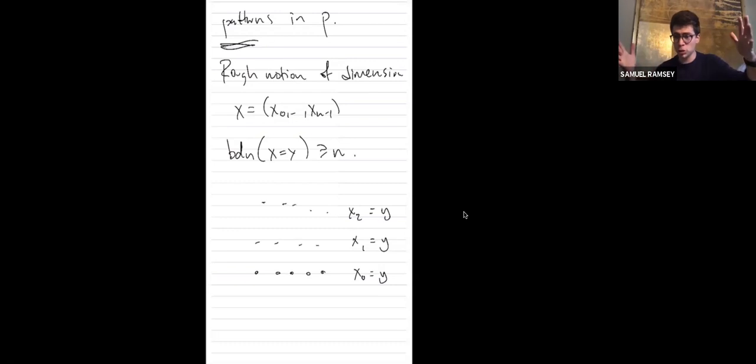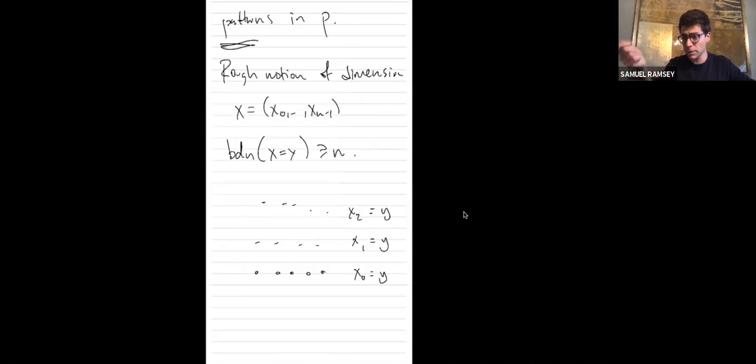And just choose a bunch of mutually indiscernible distinct elements. So of course, saying that the first variable is equal to this, and the second variable is equal to this, and the third variable is equal to this, these are all independent, right? I mean, there's no constraints on setting the variables equal to things.